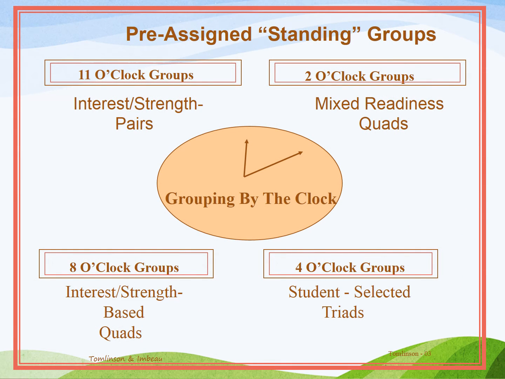For groups that are more static, that you're going to keep the same over a period of time, you can assign clock groups, and then kids know who their 11 o'clock group is, for example, and then they can meet with that mixed readiness group whenever you say go to your 11 o'clock group. And notice also that there's a variety in the number of students per group represented here. Pairs, triads, quads. That's another way you can mix up the groups, by having different numbers in your groupings.